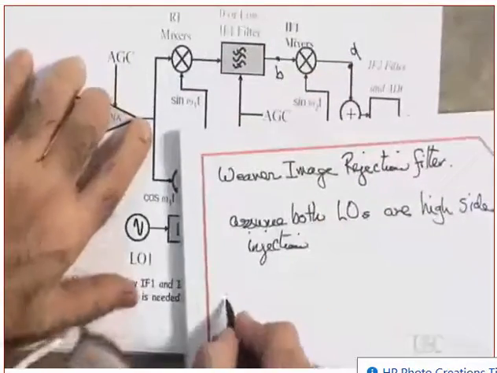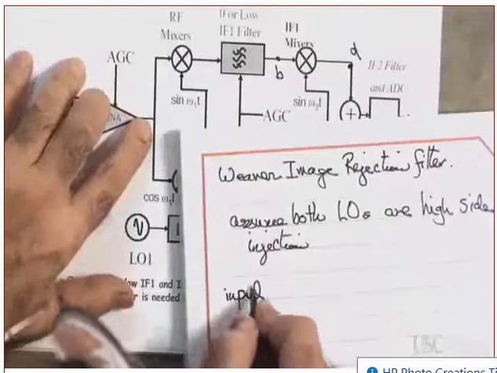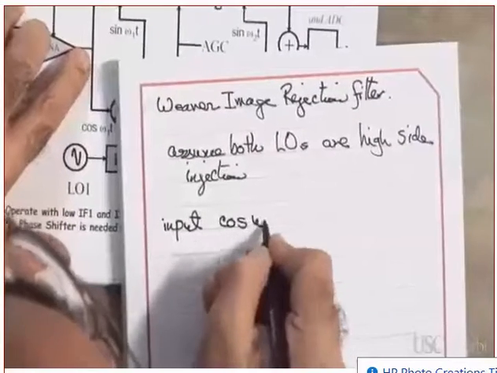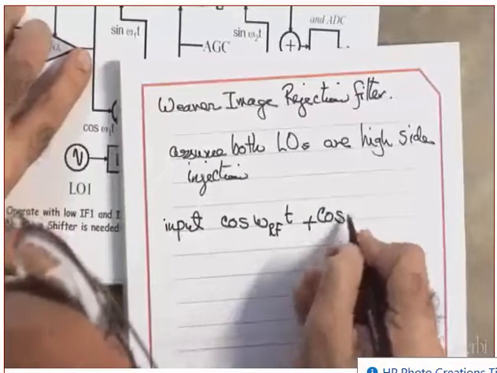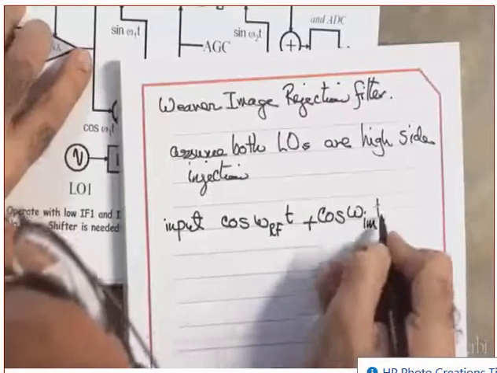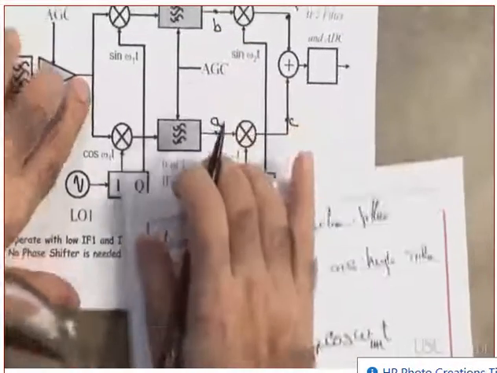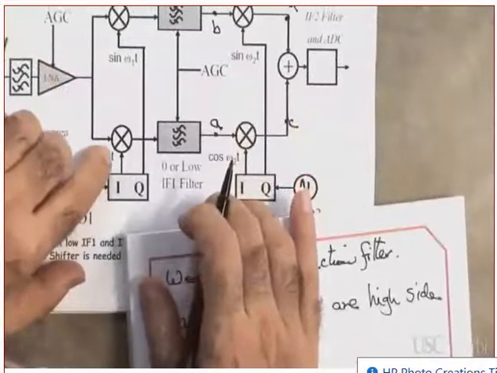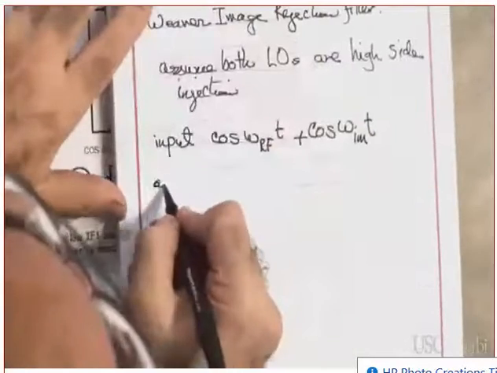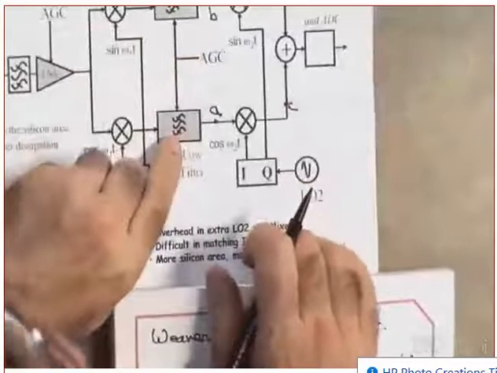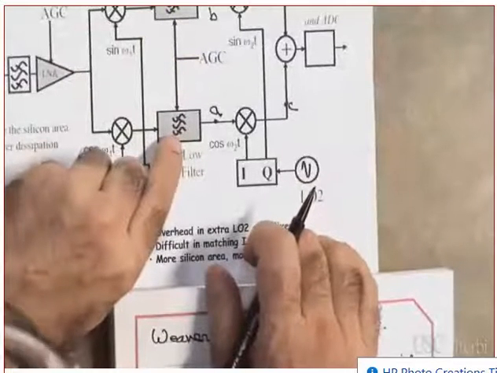Give it to me. The input is what? Agree? I am going to multiply by cosine omega 1t. So what do I get at point A? And remember, by the way, this filter will get rid of the sum.